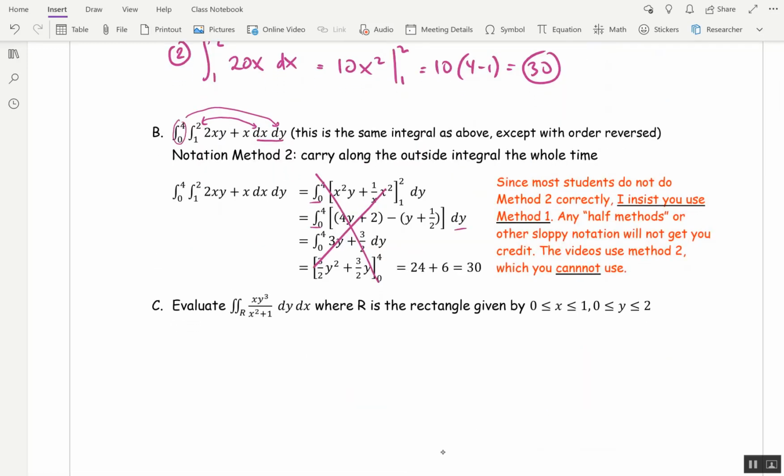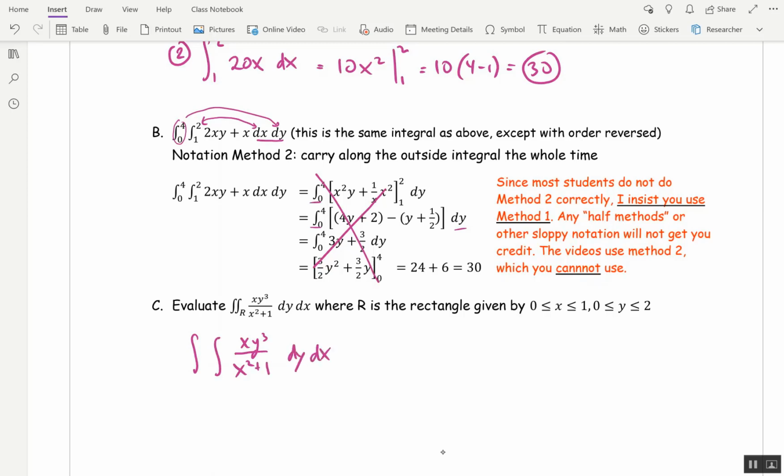Okay, so let's do an example. We're going to integrate this function over the region R, and R is this rectangle. X goes from 0 to 1, y goes from 0 to 2. So I'm going to do dy and then dx. That means when I put my limits on, xy cubed over x squared plus 1 dy dx.